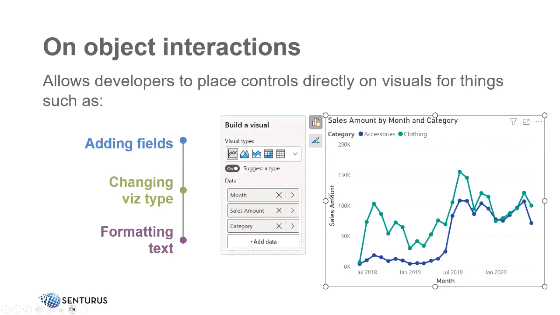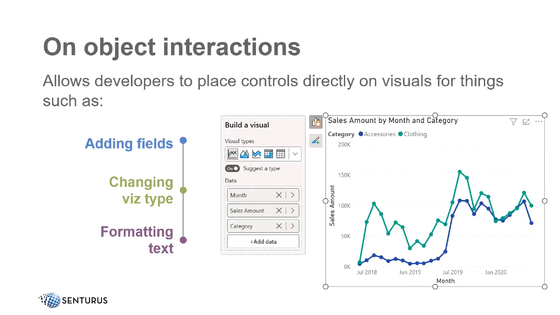I deal with a lot of folks who try to build reports on laptops. They try to use a 1366 by 768 resolution. Those of you who know me know that I have 4 4K screens.